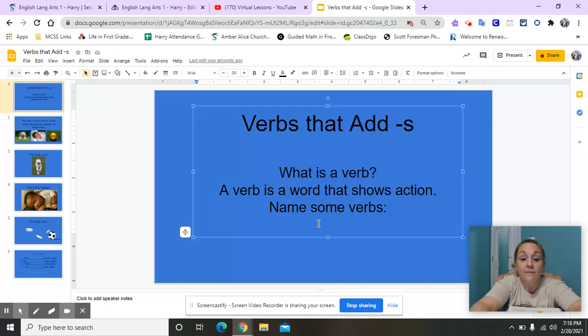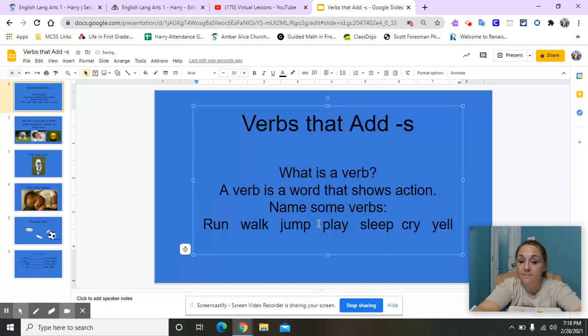Okay, so one verb that I know is run. Run is a verb. All right, another verb is walk, jump, play, sleep, cry. What about yell? There's some more verbs.